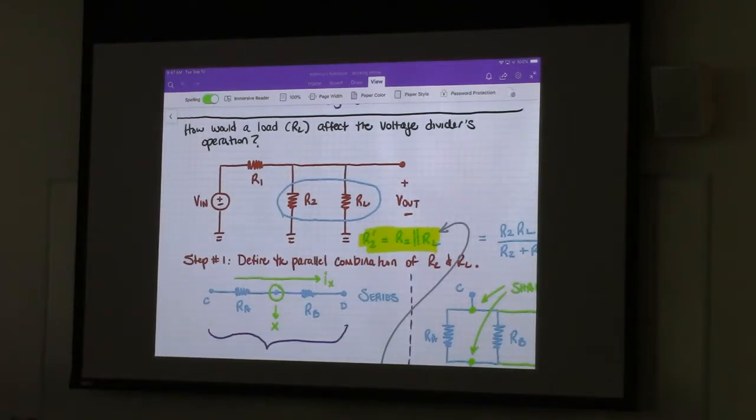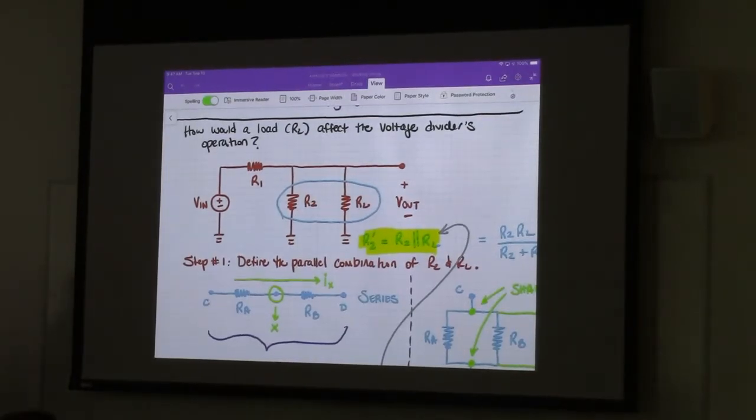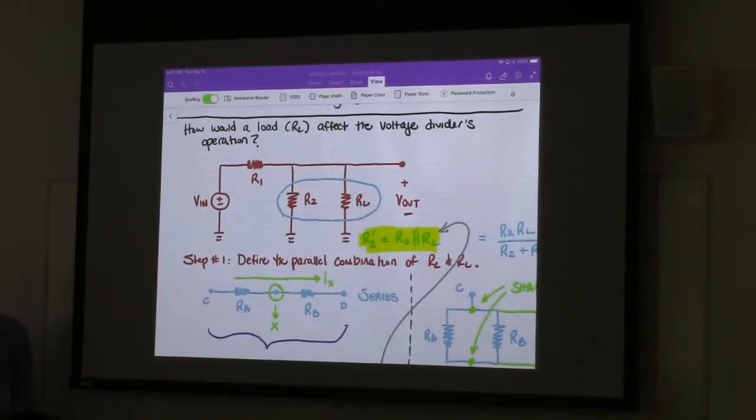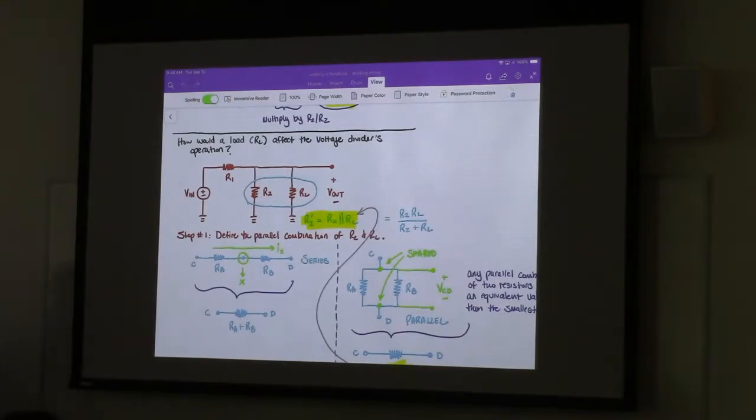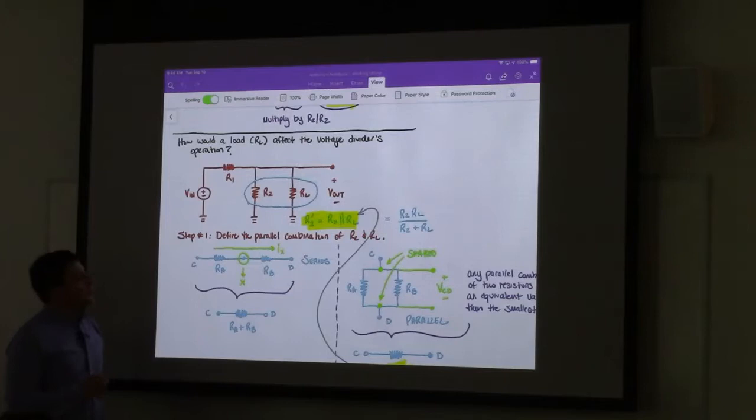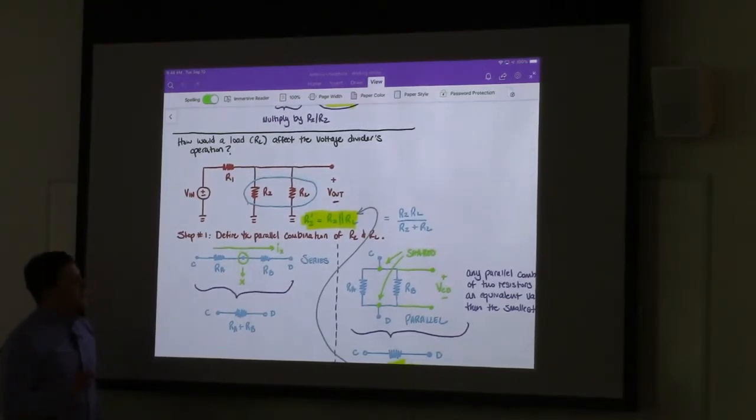So when we attach a load, that's going to change the way that the voltage divider behaves, because the original expression that we derived had the assumption that RL was infinite, which was a no load condition. And so when we try to take a look at what happens when we add the load, the easiest way to do that is to simply just redefine our R2 as R2 prime, right? Where R2 prime is the parallel combination of R2 and RL.